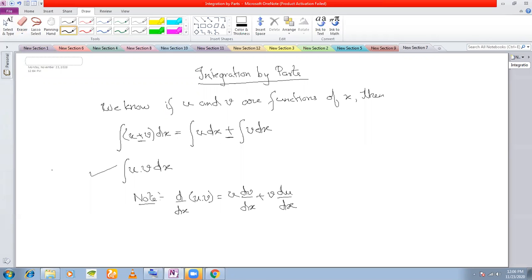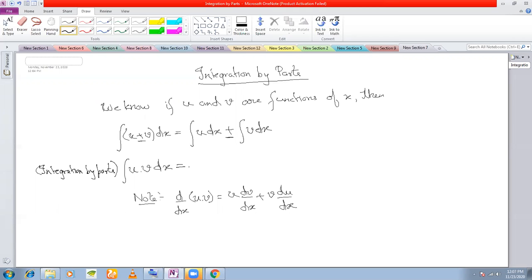Remember this formula. This is called integration by parts. This u into v rule for integration is called integration by parts. How will you remember this formula?